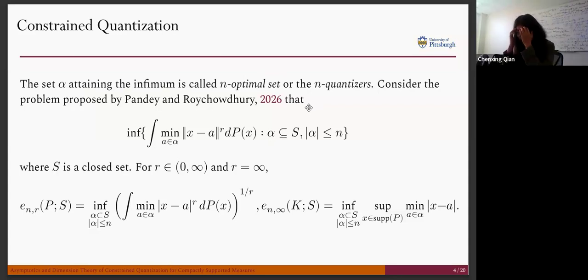They studied several examples and have some basic results about the behaviors of the minimizers in this case. Here we can rewrite the errors in terms of the constrained setting.